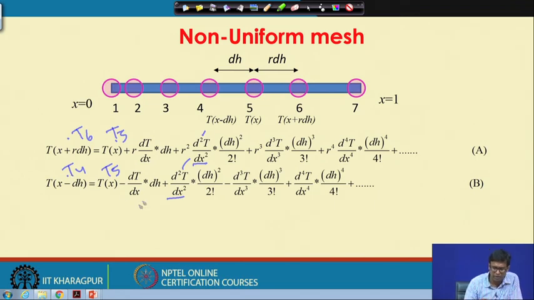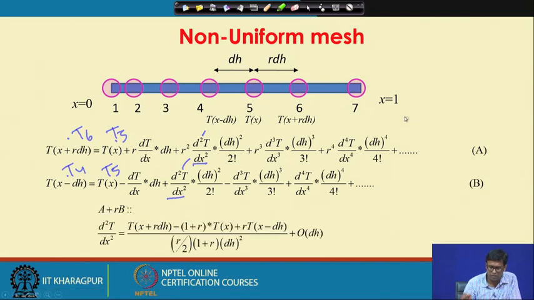So, what will we do? We have to eliminate dT/dx, so we add a with r times b, so that these terms are eliminated. And a plus r b gives d2T/dx square as a somewhat more complicated expression, and the error is now of the order of dh, not of dh square.